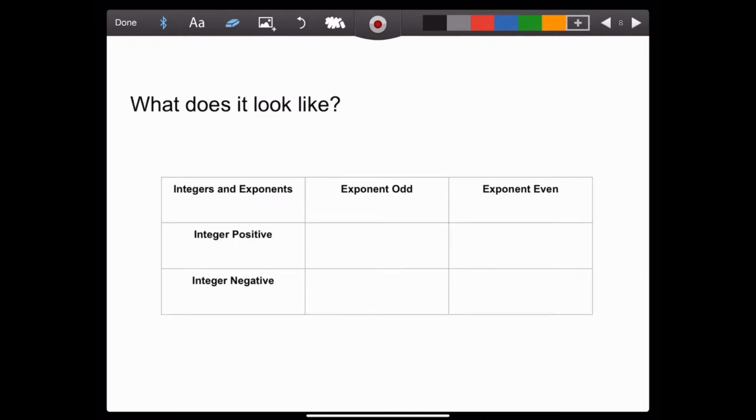So what does it look like? When you have an integer that is positive, say the green, and the exponent is odd, your answer is going to be positive. If you have an integer that's positive and it's even, it's going to be positive.